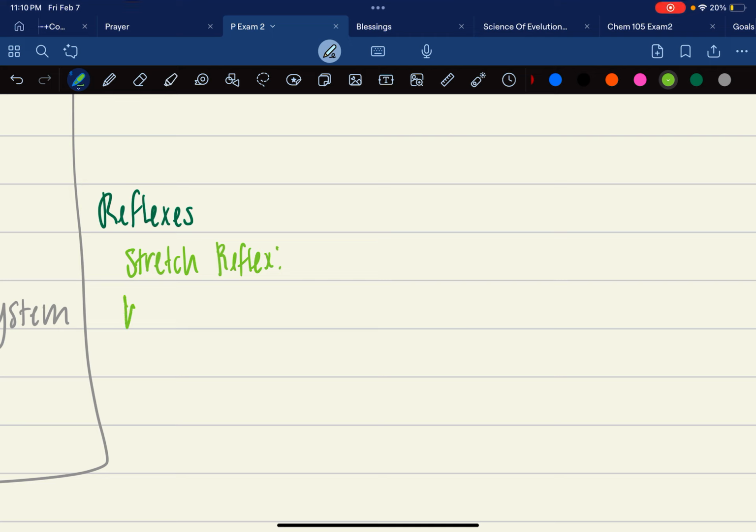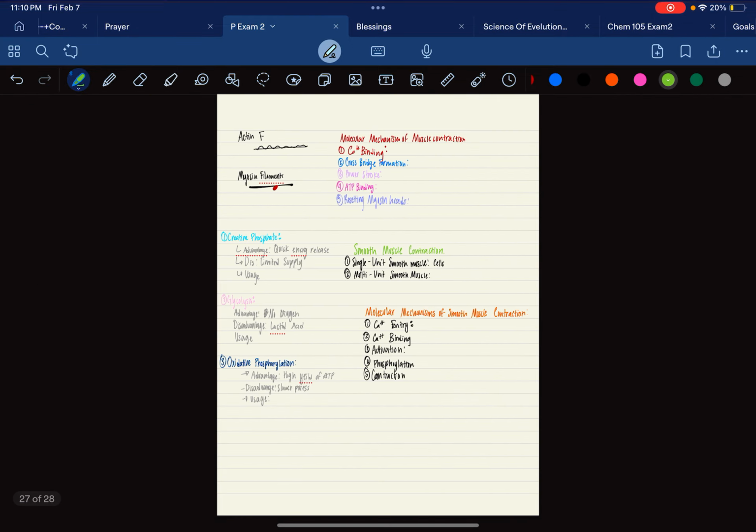And then we have the withdrawal reflex. And that's just the spinal reflex intended to protect the body from damaging stimuli. And so, yeah, that was it.